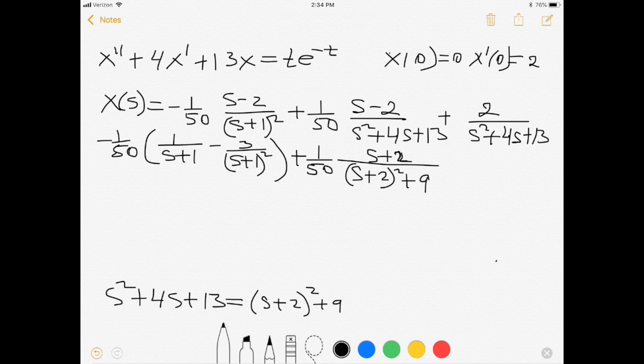How much is it? Minus 4 over 50 plus 2, it will be 100 minus 4, 96 over 50, right? If I did not make a mistake, that's it. Okay. Plus, here is 50. This will be s plus 2.